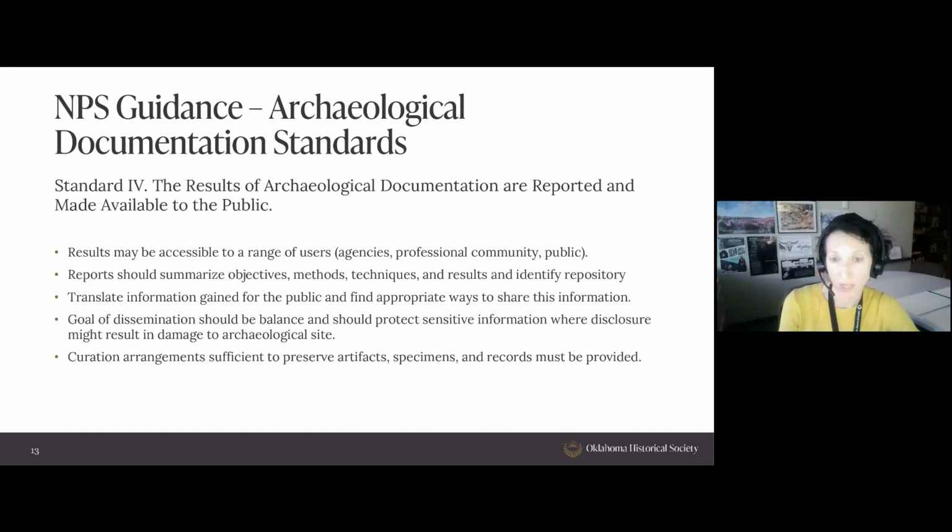The goal of dissemination, according to the NPS guidance, should be balance and should protect sensitive information when disclosure might result in damage to an archaeological resource. Also, it's important that curation arrangements sufficient to preserve artifacts, specimens, and records are provided.